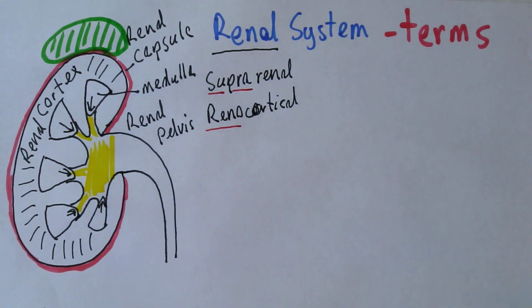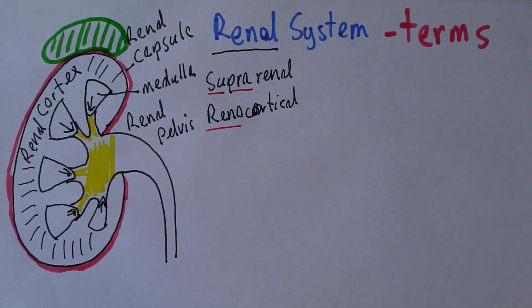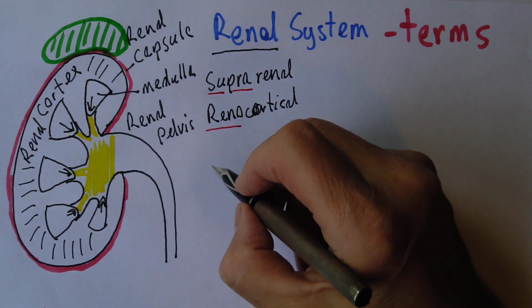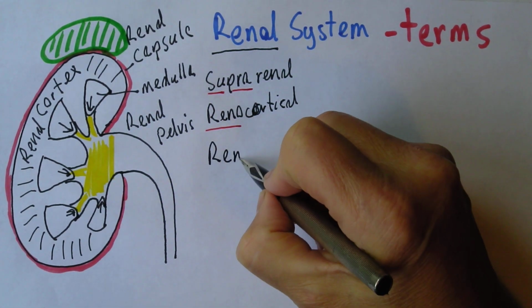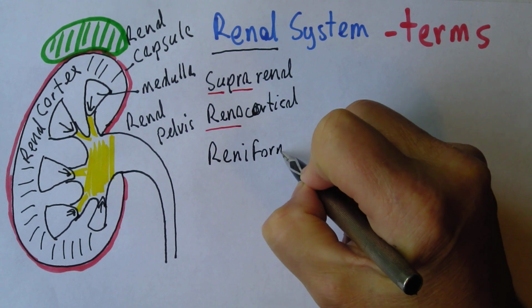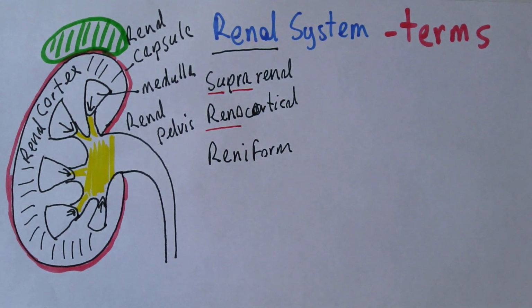The cortex of the renal, the cortex of the kidney, or reniform. Reniform would mean kidney-like, something was shaped like a kidney, for example.